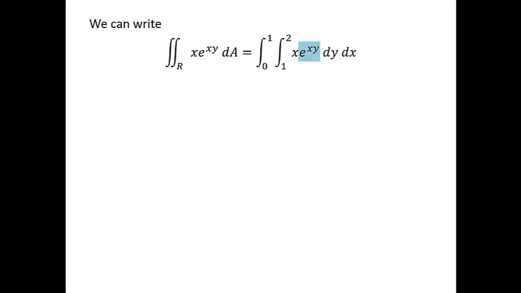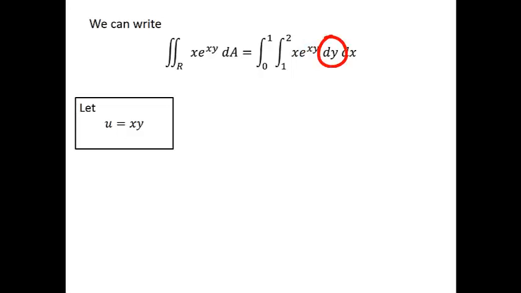Since x is just a constant and y is the only variable that matters, we're integrating e to the xy, and that requires u-substitution. So we would let u be what's in the exponent, the xy. When we take our derivative for du, notice that we're still focusing on y as our variable and treating x as a constant. So du in this case would be x dy.